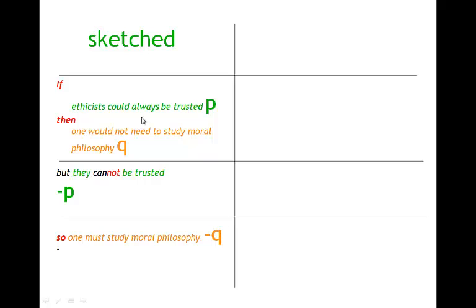So the negation of a negation is one must study moral philosophy. The original was one would not need to study moral philosophy. And so when we say not Q here, we're saying one would need to study moral philosophy, which is the same as saying one must study moral philosophy. So you might want to pause that and take a look at that if you have some concerns for yourself.